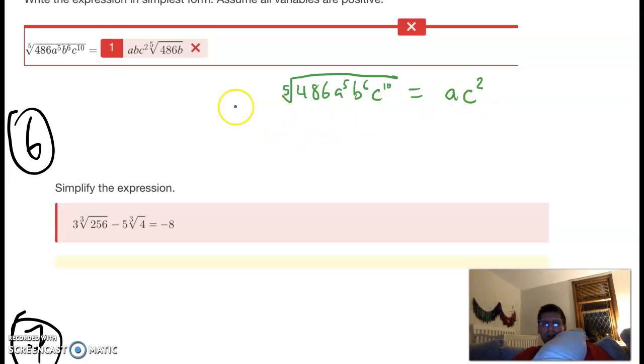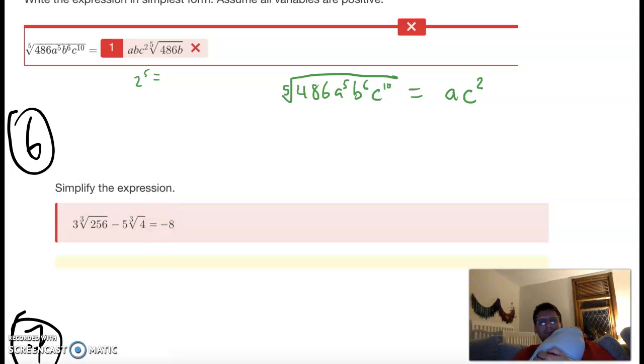Then what I need to think about is, what if my 5th root, 2 to the 5th is 32, I believe. 3 to the 5th would be 3, 9, 27, 81, 243.